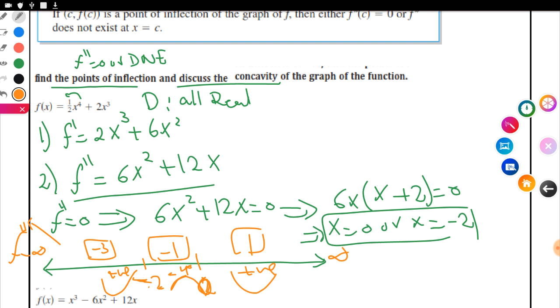Since at negative 2 the concavity changes from concave upward to concave downward, I have an inflection point. And since the concavity of the function at 0 changes from concave downward to upward, it is also an inflection point.